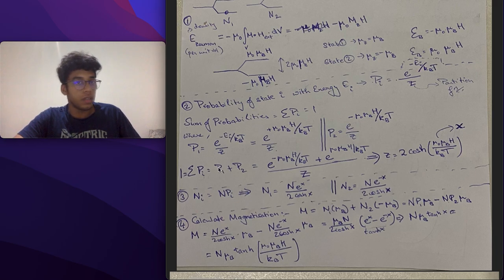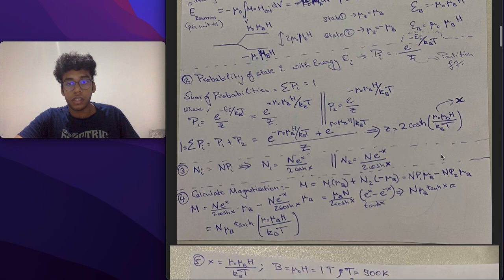Then when you sum the probabilities and normalize, you find the value of Z, which is 2 cosh of mu naught mu B H by kBT, and we'll call this term x, just to simplify the next step.